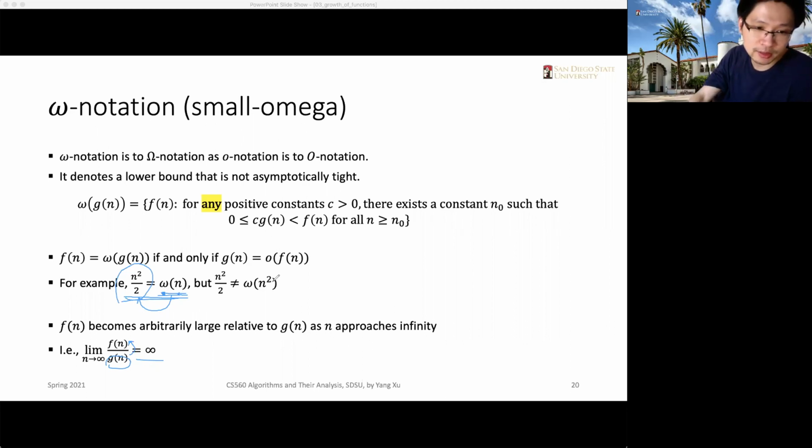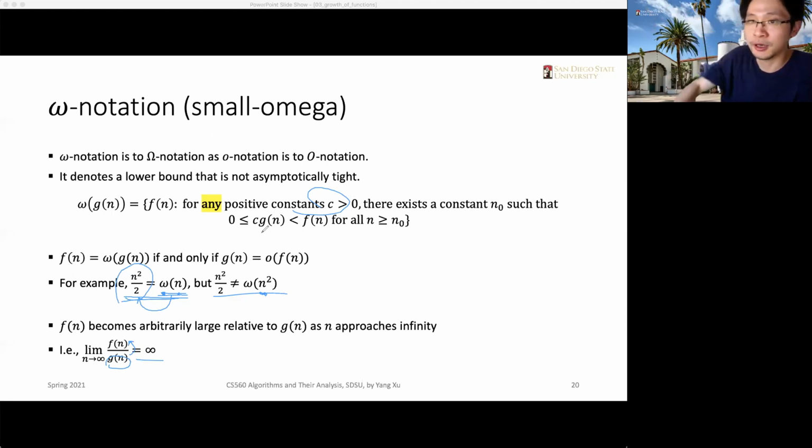But we cannot say that another quadratic function is the loose upper bound, okay? Because we cannot guarantee that for any constant c one quadratic function is always smaller than the other, okay? Because they basically have the same growth rates.